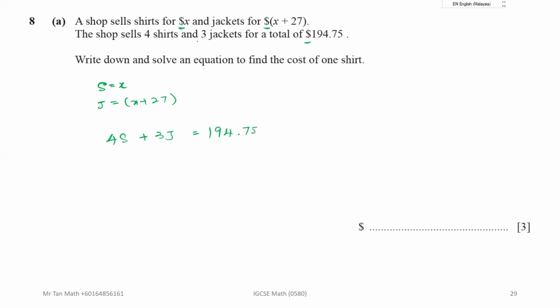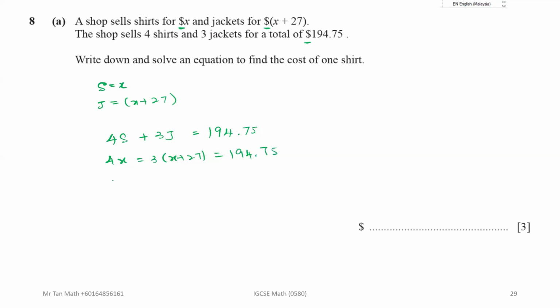Just in case you have different units, maybe cents and dollars, make sure it's the same unit. So just substitute: 4x plus 3 times (x plus 27) equal to 194.75.